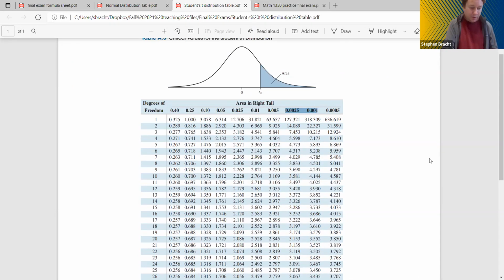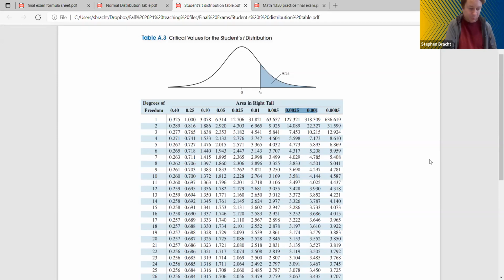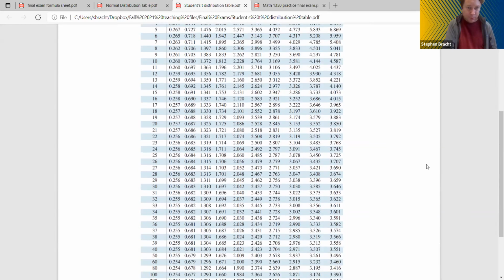So my p-value falls between, is that right? 36 degrees of freedom, 2.99. Oh, sorry.